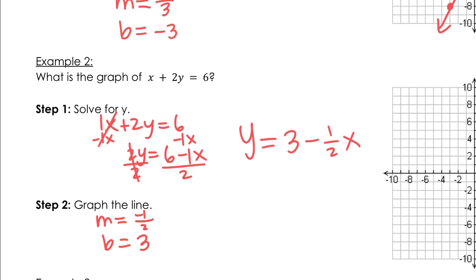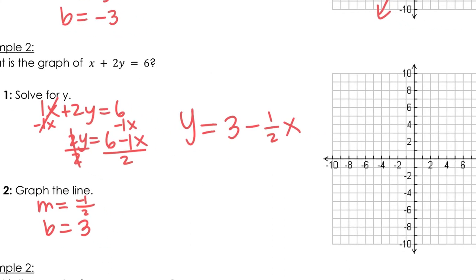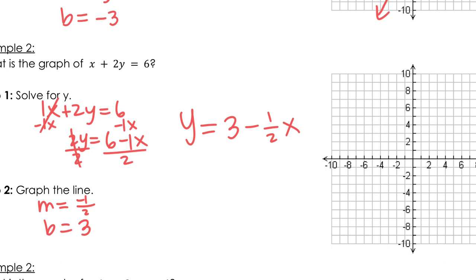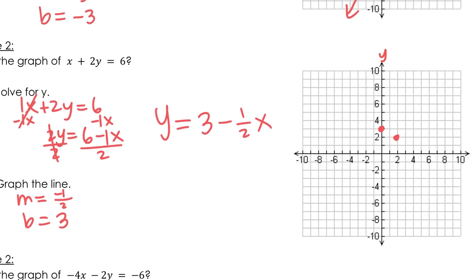So on my graph, I'm going to begin on the y-axis at +3. And I'm going to count my slope. Since it was -1, I'm going to go down 1, and +2 would be right 2. So down 1, right 2. Continue that across your graph as best you can, down 1, right 2, until you run out of graph.